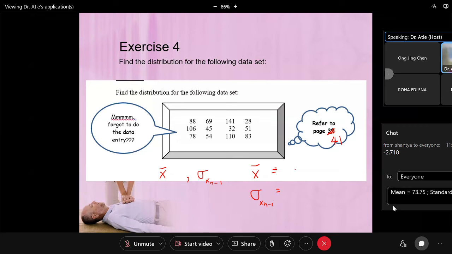Basira, can you give me the value of the x bar? Basira, are you there? No answer, silent. So, Tariq, are you here? Ramla, are you here?